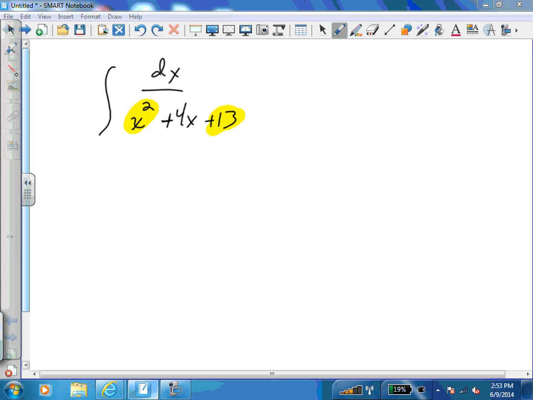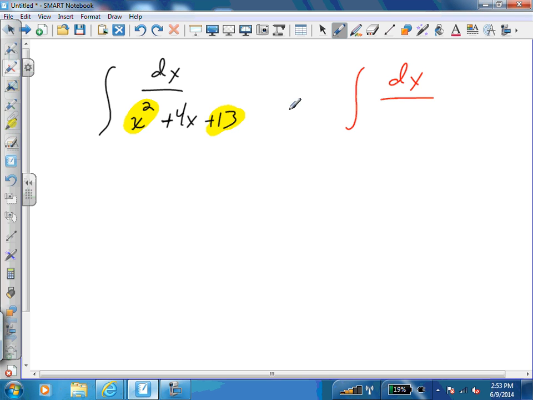So what we're going to have to do is a little bit of algebra where we complete the square. We're going to take that x squared plus 4x with some number, and we want to find out what number would make that a perfect square trinomial.